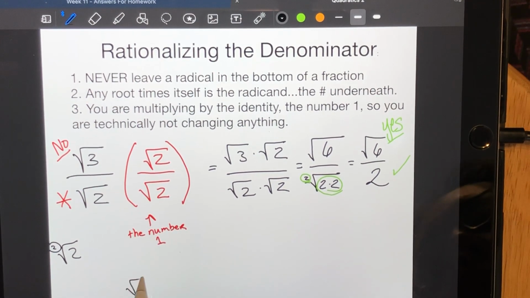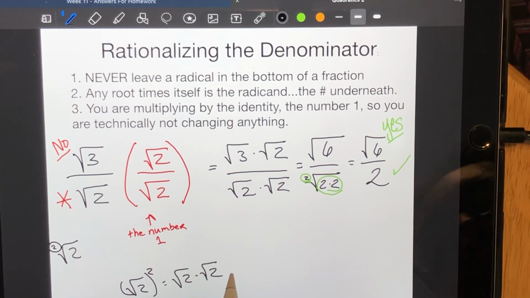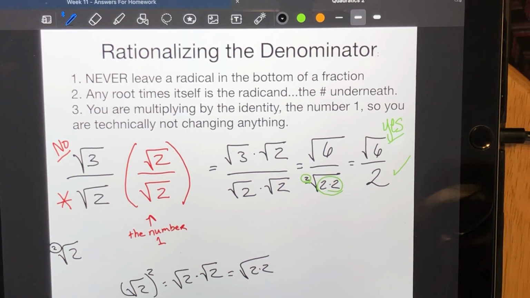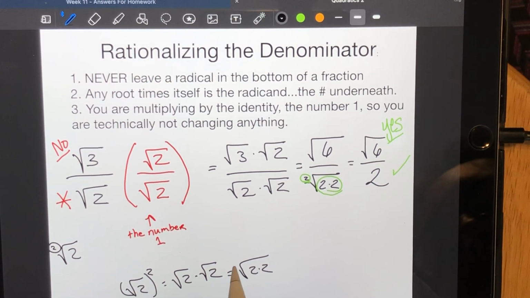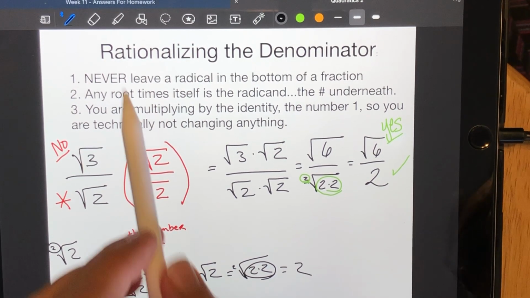That's simply because if I had square root of 2 and I square it, that means I now have square root of 2 times the square root of 2, which we know is the square root of 2 times 2, all underneath the same radical. So I need 2, I have 2, I simply have, in this case, the number 2.